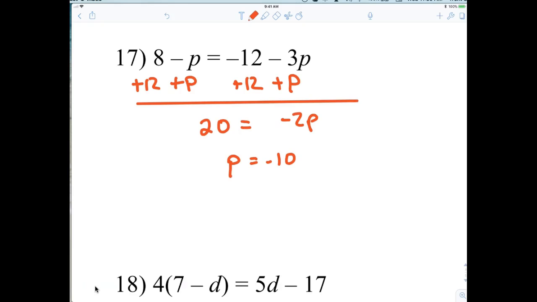Doesn't matter. You're going to get the same answer. So you can do it a little bit differently, but as long as you got the correct answer, you're in good shape.